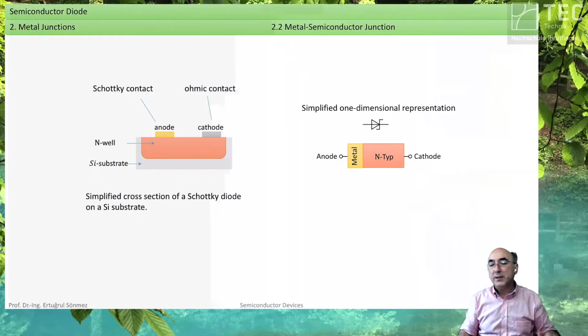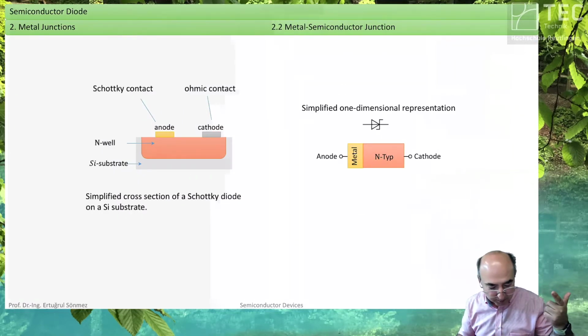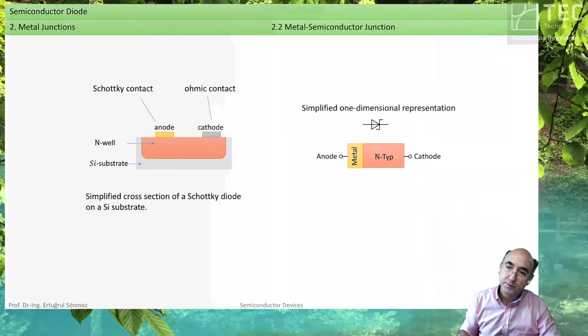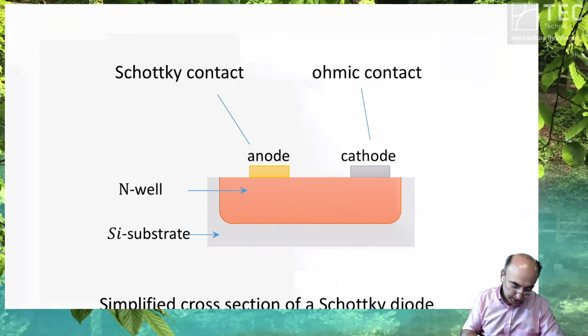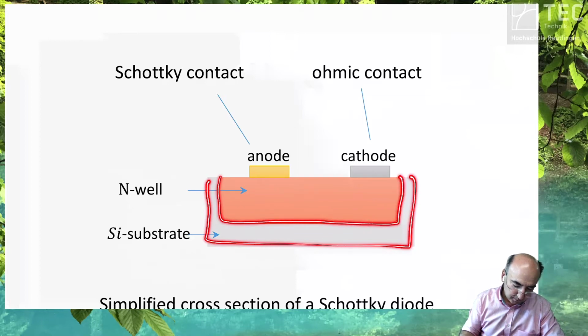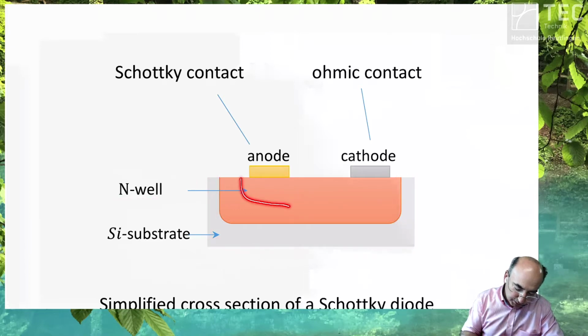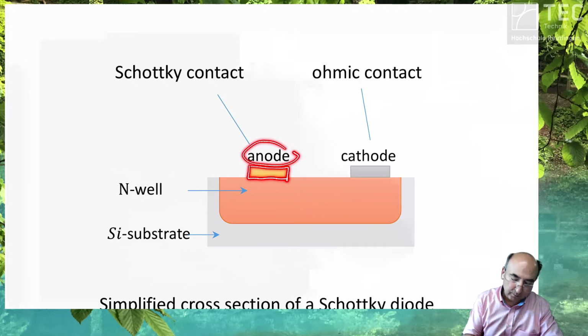Now let's take the same ideas to the semiconductors. To do this, we take again the silicon substrate and put in some dopants. We make an N-well. And the P junction we substitute with a metal and call it anode.